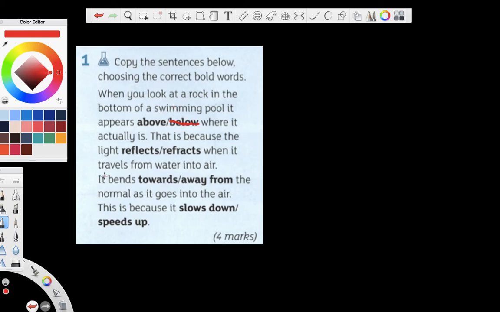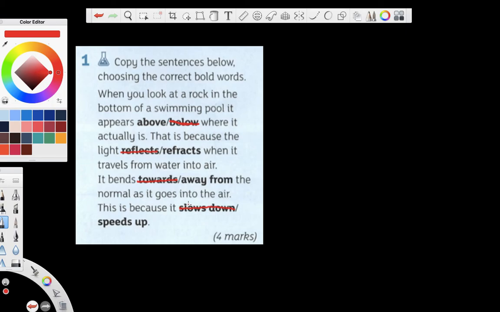That is because light refracts when it travels from water into air. It bends away from the normal as it goes into the air. This is because it speeds up.